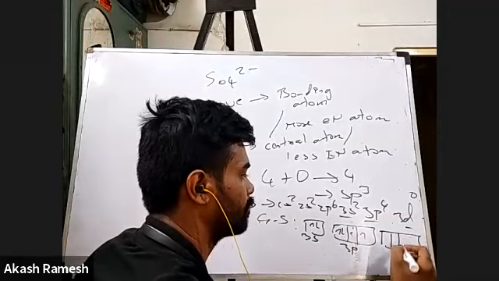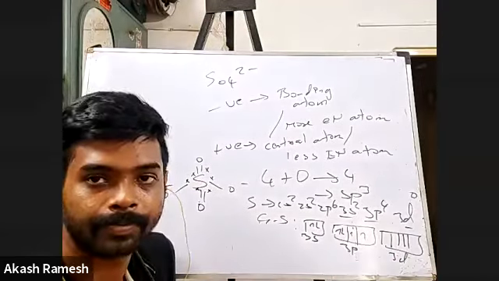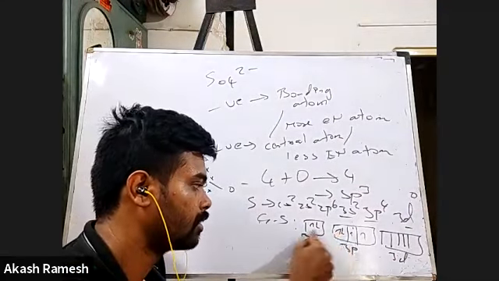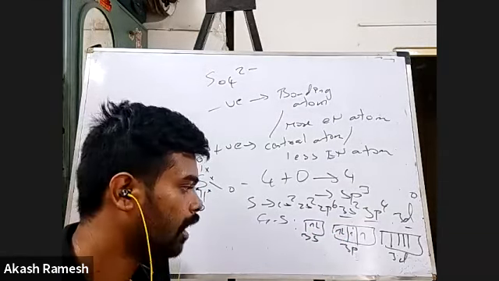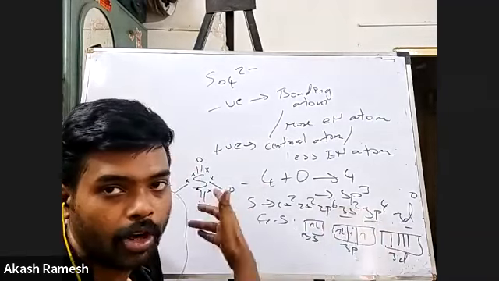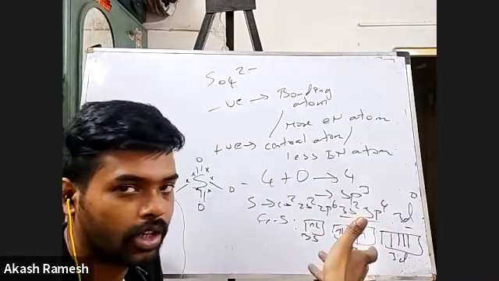And in 3d, no electrons. Okay. Now I have 2 paired electrons, isn't it? So I will not be able to shift this anywhere because there is no lone pair. If at least there is a lone pair, I can shift inside the hybridization itself. So that is not possible now.